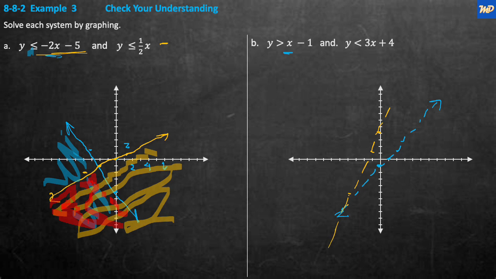Or, in this case, up 3, 1, 2, 3, and to the right 1. See, it's still the same line. But they're dashed, okay? So now, they're kind of close here.